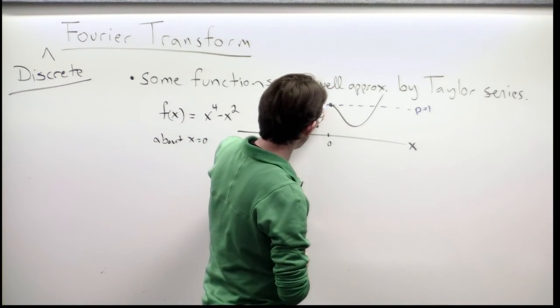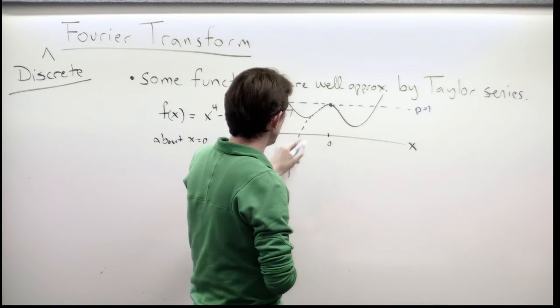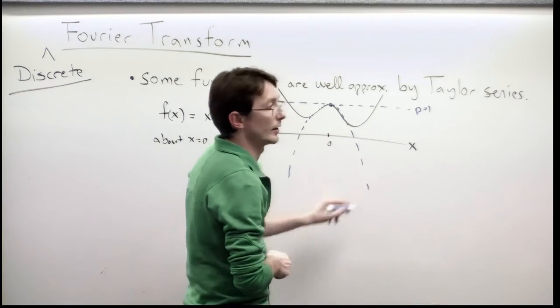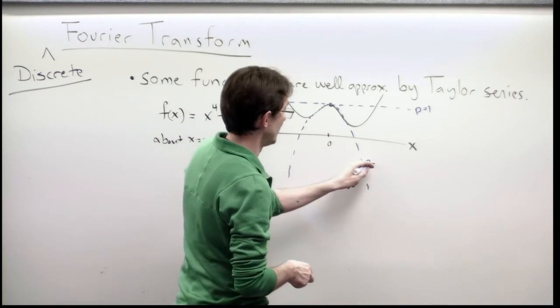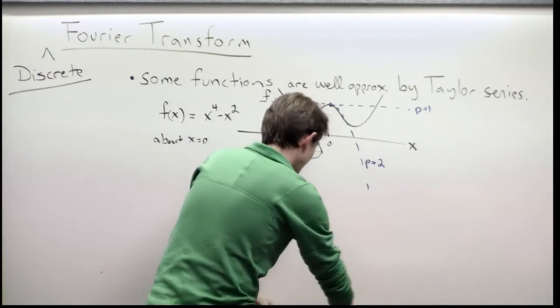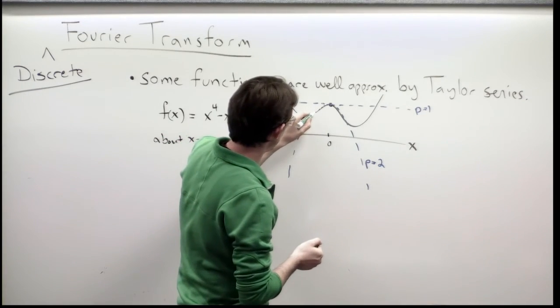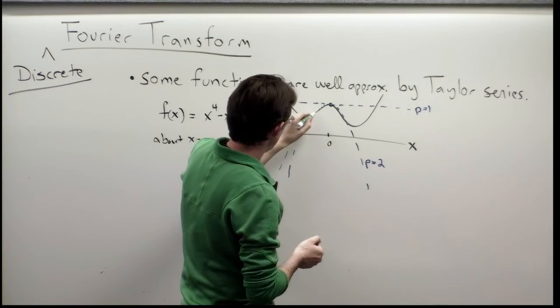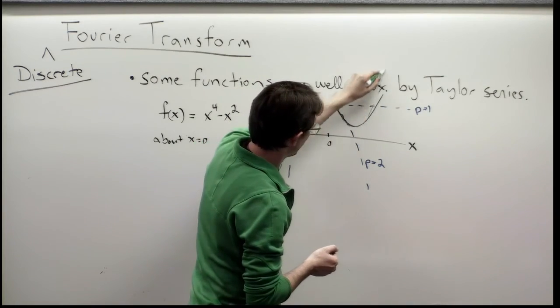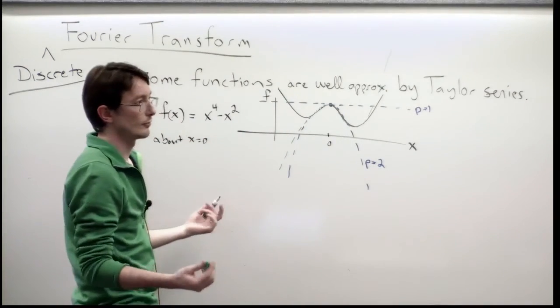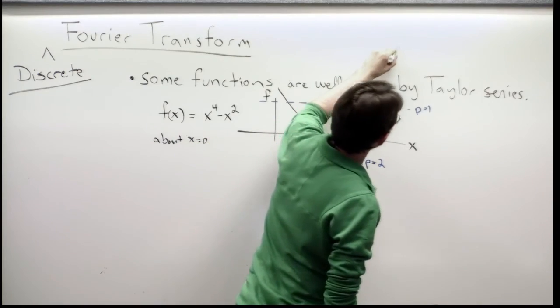Our second order polynomial expansion is going to be this parabola looking thing. This is p equals 2. My third order, it's a little harder for me to draw, but it's probably something like this. P equals 3.